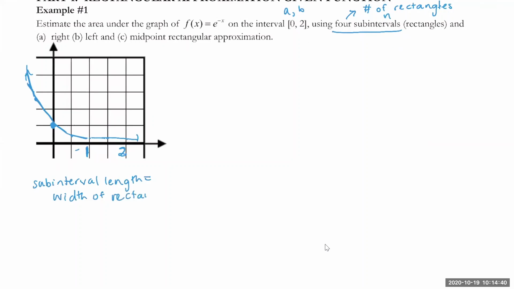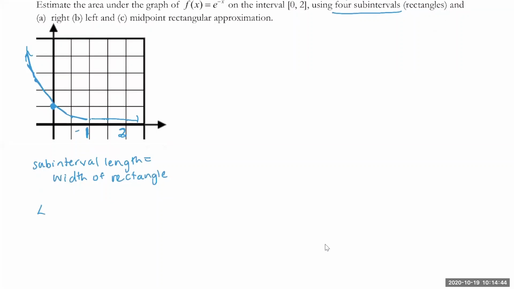And we can come up with it visually looking at it, or if you guys want a formula tied to it, the change of x is what we call the subinterval length. So that's the symbol for it, delta x. And we can find that by finding out, well, what is the actual length of the entire interval? And that is 2.